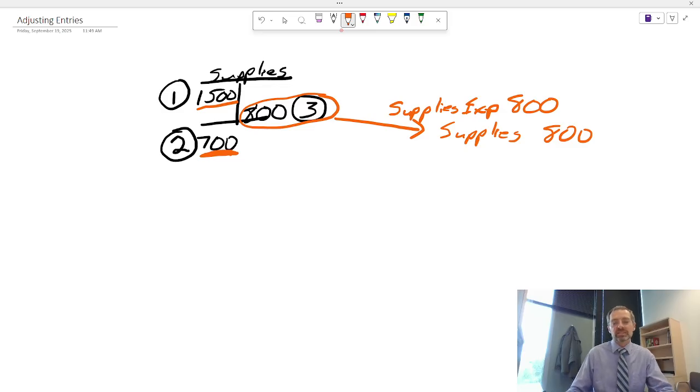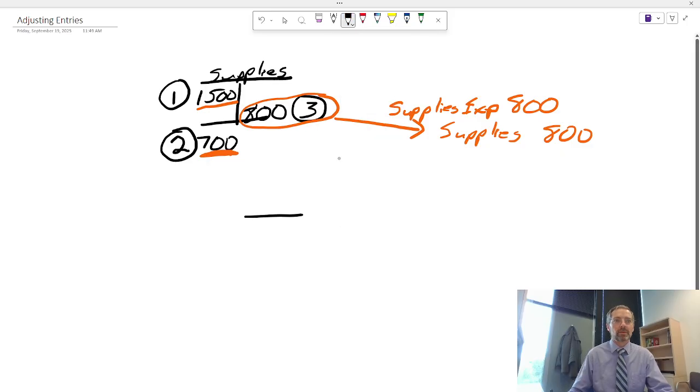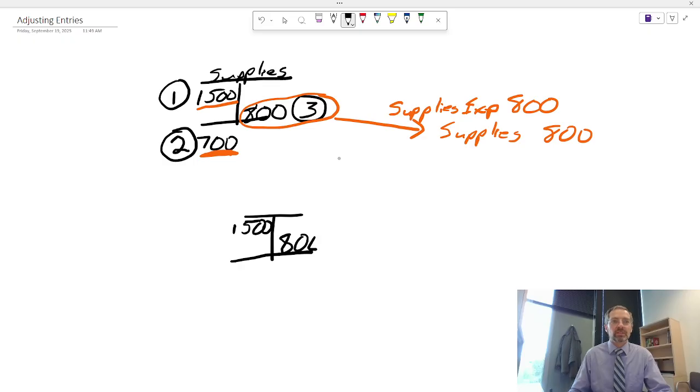In other cases, the problem instead says, we have $1,500 in the account and we used $800. In that case, we say, well, we have $700 left in the account. The problem gave us the third step before it gave us the second step.